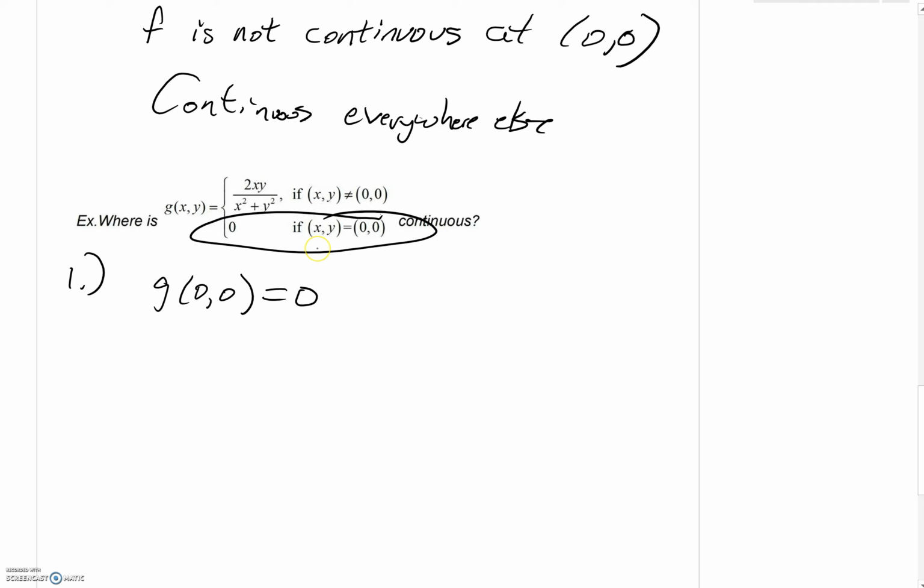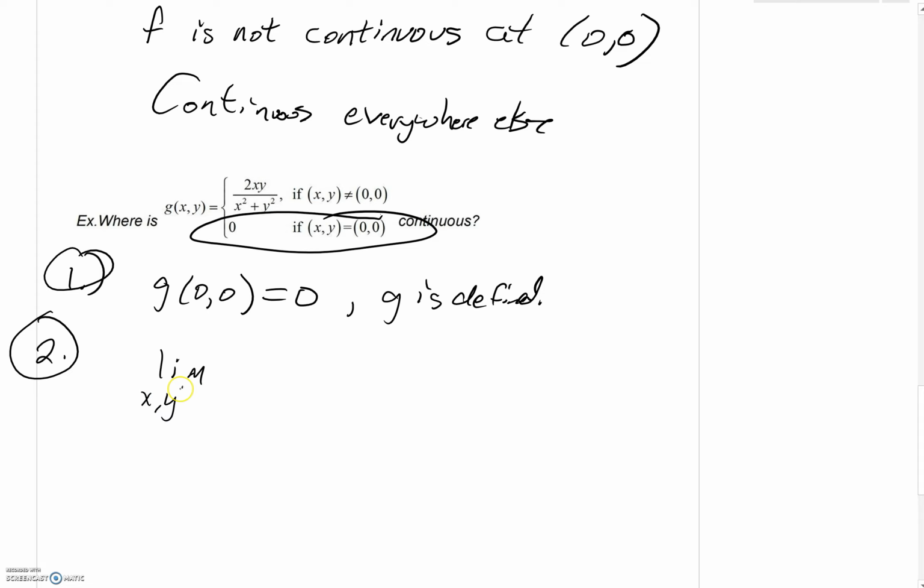That's right here. So we can say g is defined. The big question, of course, is, does this limit actually exist? And remember, a limit is saying that x, your point really won't equal 0, 0. You can only be close to it. So we're going to have to pick this up in part 2.